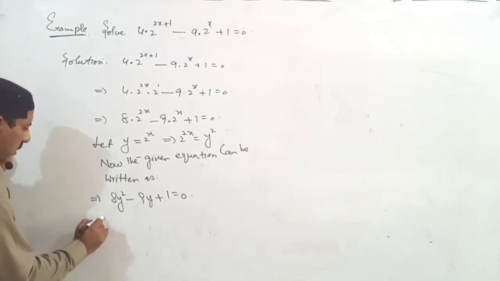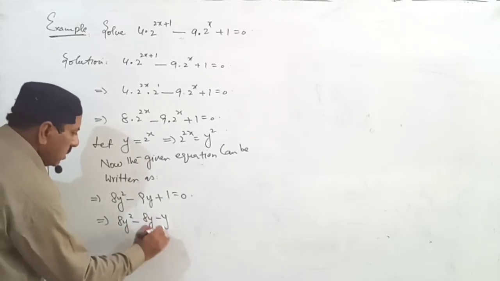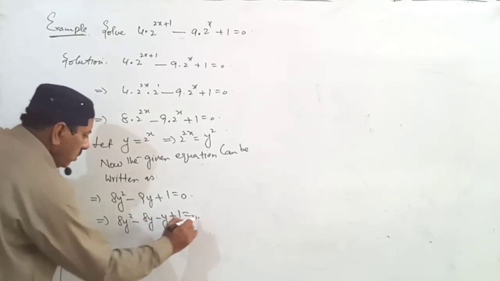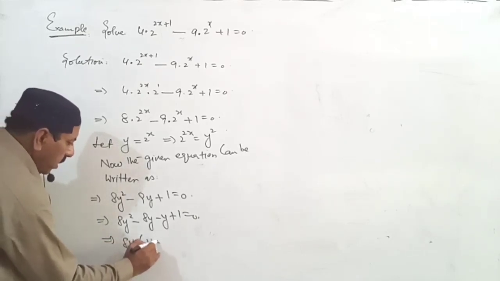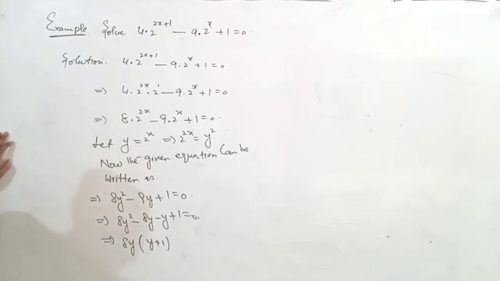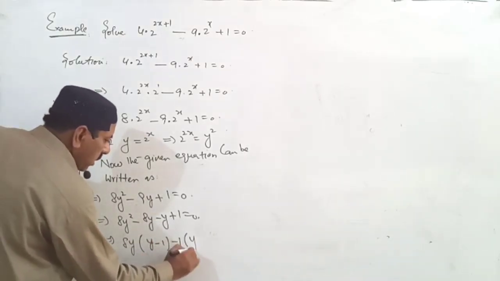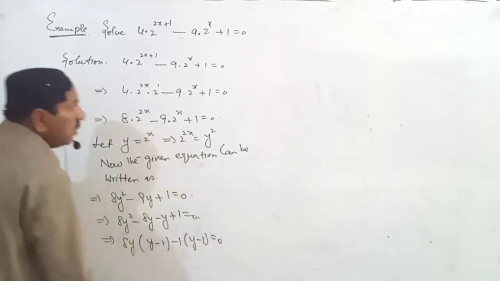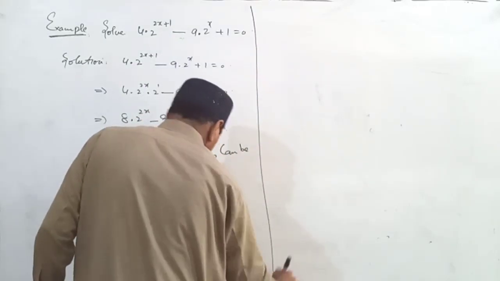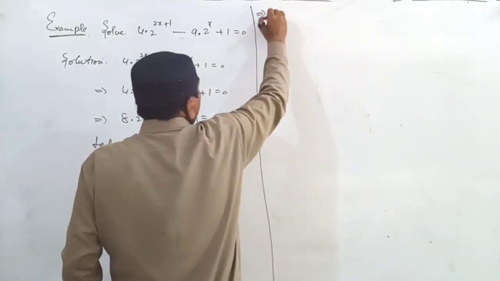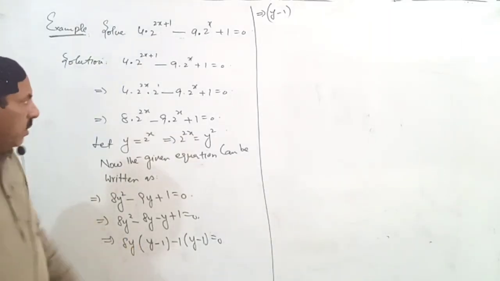So this will be 8y square minus 8y minus 1y plus 1 is equal to 0. So 8y is common, y minus 1. Minus 1 is common, also y minus 1. So here y minus 1 is common, and 8y minus 1.